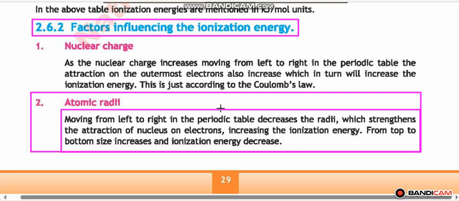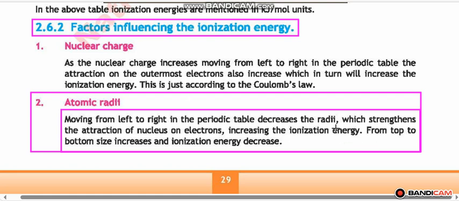Students, you have seen that the atomic radii are decreasing from left to right in the periodic table, and because of the decrease in atomic radius, the attraction of the nucleus on the electron also increases, so they require more energy, and thus the ionization energies are constantly increasing.